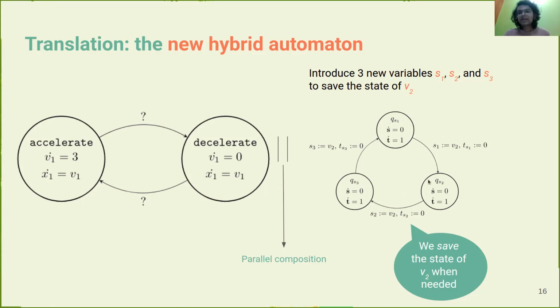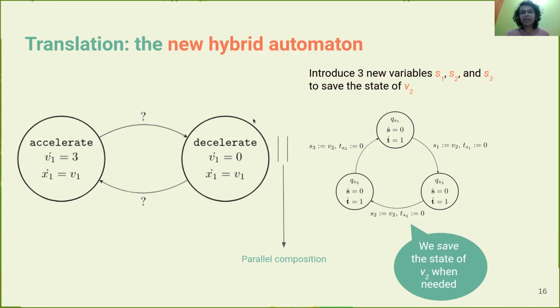Basically here we just have a parallelly running hybrid automaton, which at some random points in time simply captures the value of the variable V2.